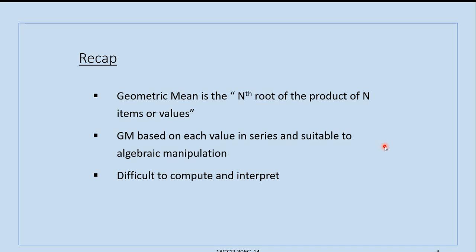In the case of individual observations, we will find the logarithm value of the X series, and then all the log values are added and divided by number of items. That is, how many number of items are there in X series, that we will take. But in the case of discrete and continuous series, we will also consider the frequency.